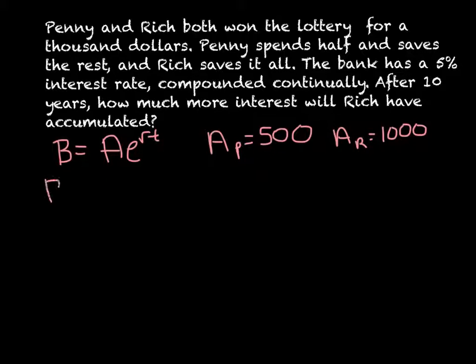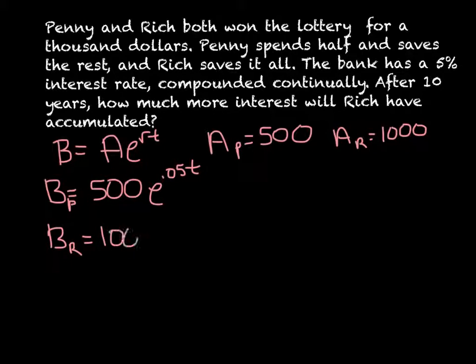So when we put this in, balance equals 500 times e to the 0.05 t for Penny, and balance for Rich equals 1,000 times e to the 0.05 t.